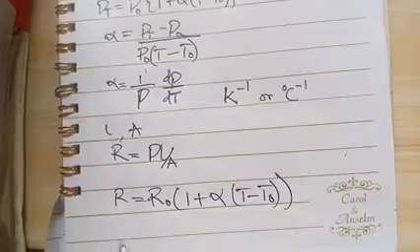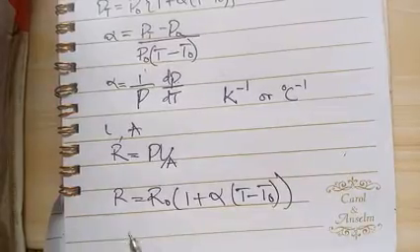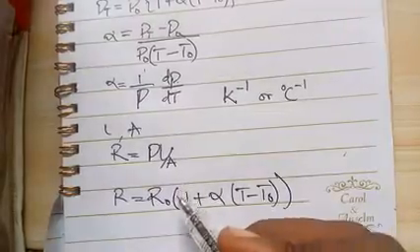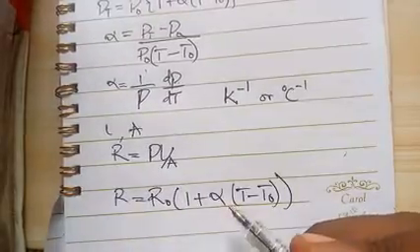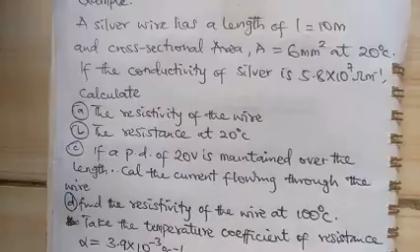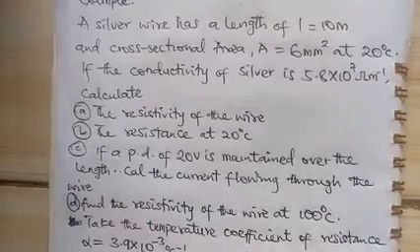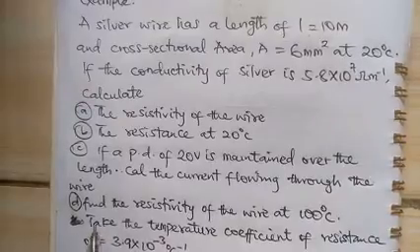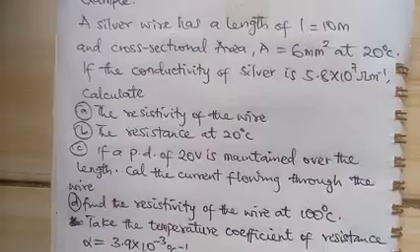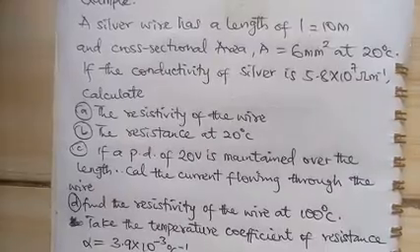So for a given specimen of wire, the variation of rho and R with temperature may be used to measure the temperature.